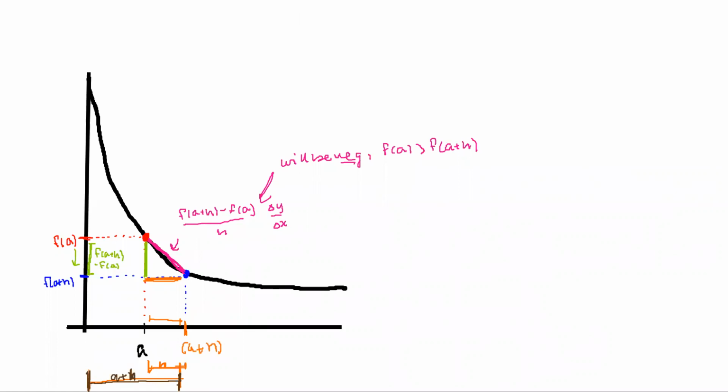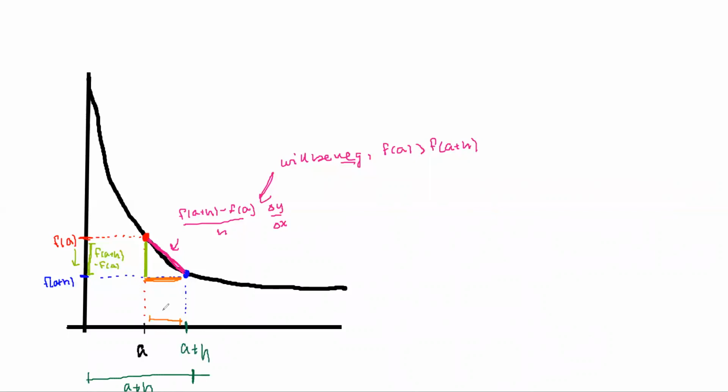I'm going to change up my coloring a little bit here. This point is a plus h. So the distance from 0 to here is going to be a plus h, because it's a plus h minus 0.